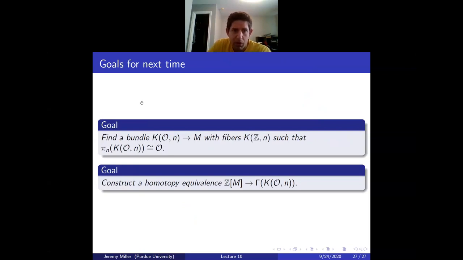Okay, so what we're going to do next time is find a bundle whose name is going to be K_O N. I'm going to give it a different name next time. We're going to find a bundle of Eilenberg-MacLane spaces such that when you take pi_n of a fiber, it's naturally a fiber of the orientation bundle.